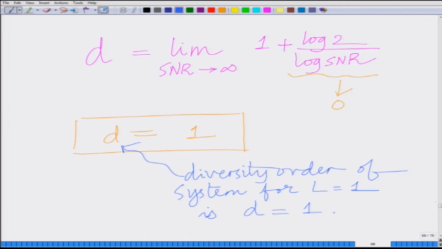That is the diversity order of a wireless communication system in which the bit error rate at high SNR decreases as 1 over twice SNR.